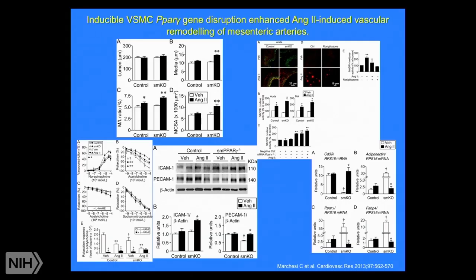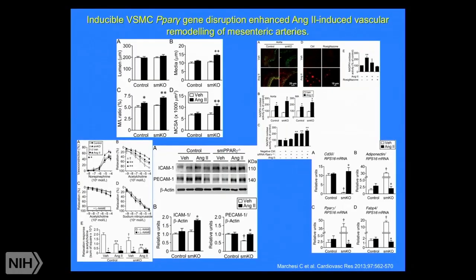And again, this is a rather busy slide, and I can't see anything on my screen, but what we were able to show in these mice infused with non-hypertensive doses of angiotensin II was that when PPAR gamma is knocked out in smooth muscle cells, there is enhanced inflammation by angiotensin II, there is enhanced remodeling, there is enhanced oxidative stress production, and there's enhanced impairment of endothelial function, suggesting that indeed PPAR gamma in the vascular wall is vascular protective.